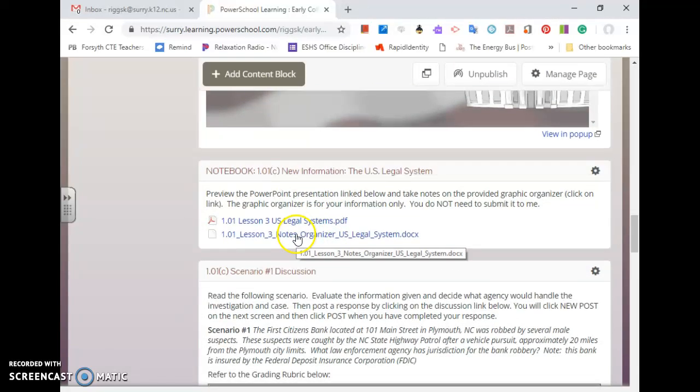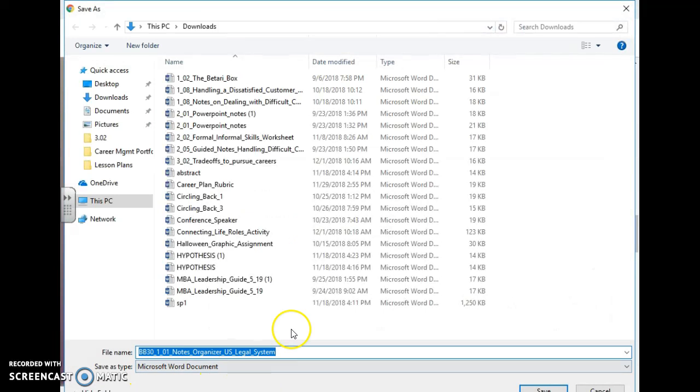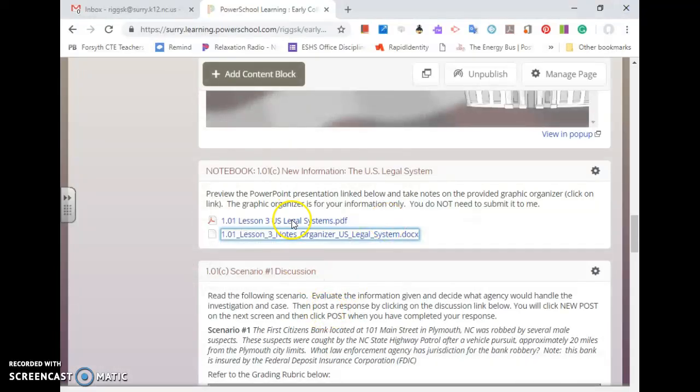And then for this one, I've given you, if you want it, an organizer to take notes. So you would download that and then go to this PowerPoint, which is in PDF format, and you can take notes. If you just wanted to go to the PowerPoint itself and take notes in your notebook, that is fine. I don't know why my computer's acting up.